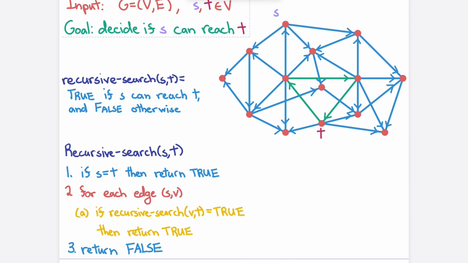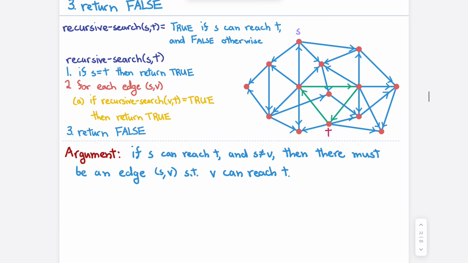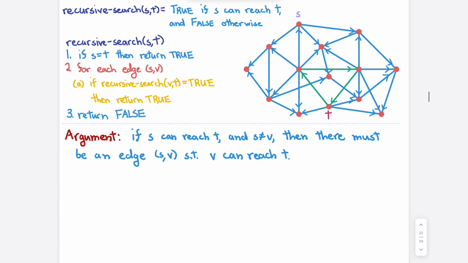Yeah, so here's what I wrote. If S is equal to T, you're okay; our base case is okay. If S can reach T and S is not already T, then there must be some path to T, right? And there's some next vertex on that path that's also a neighbor of S, and the algorithm will try it out.